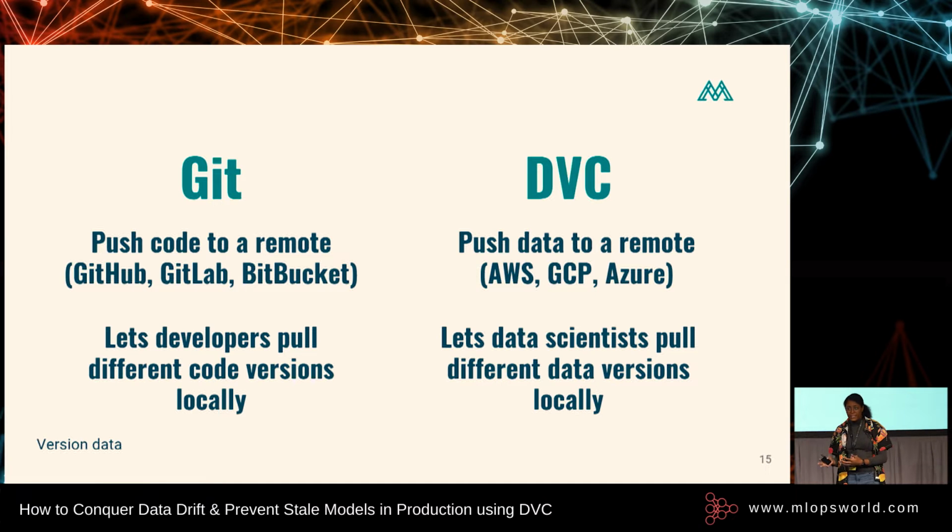DVC is the exact same, except instead of pushing to GitHub, maybe you push to AWS. And instead of front-end or back-end developers, maybe you share with your data scientists and ML engineers. So this is how DVC fits into that overall MLOps flow.